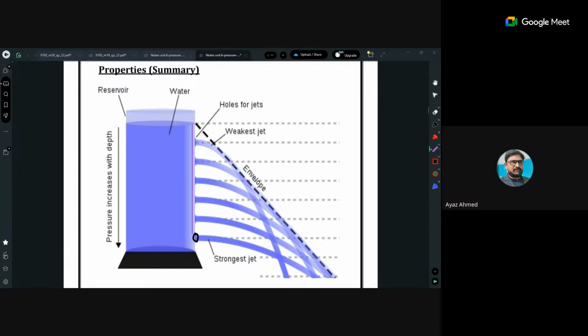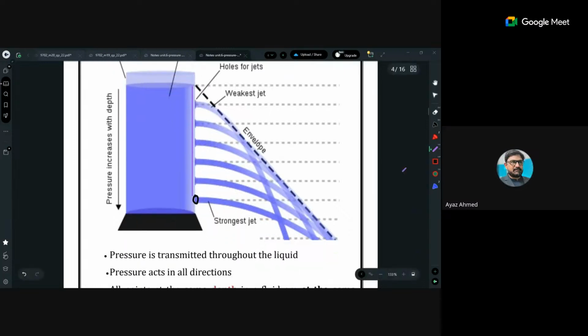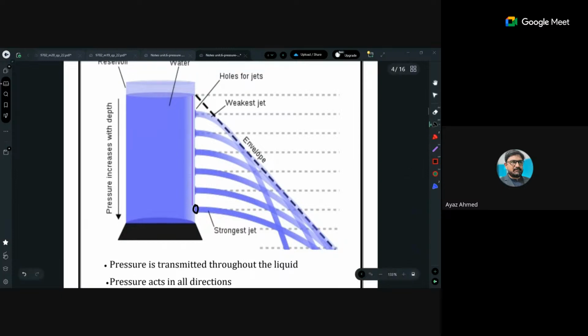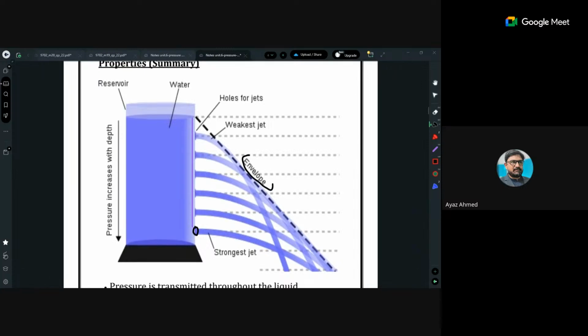So the more the depth, the more the pressure. Is this very clear to everybody? Yes, sir. There is a relationship between the depth and the pressure, which gives you the gradient or envelope. Here we have the least depth, height is minimum, then pressure is minimum. Is it clear to you?